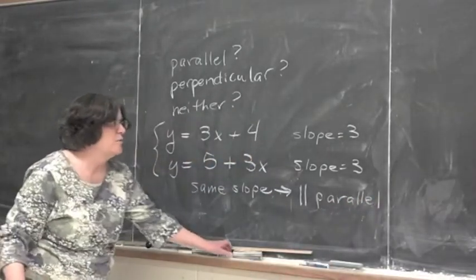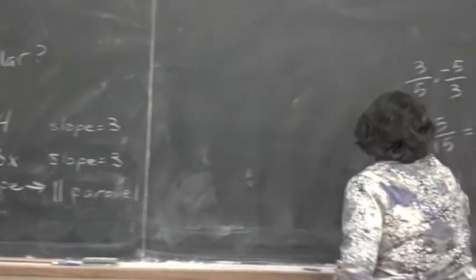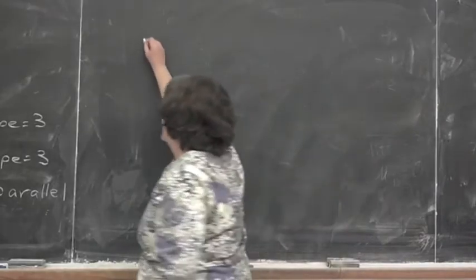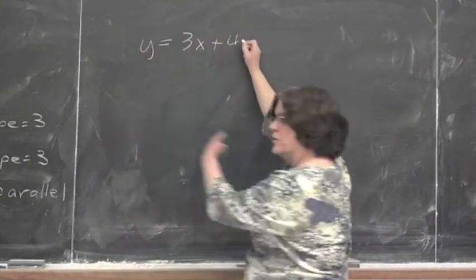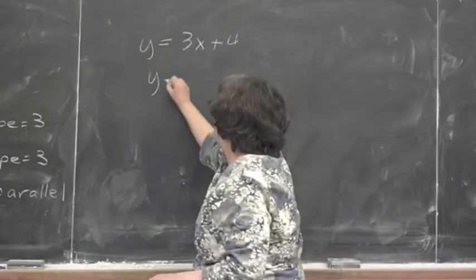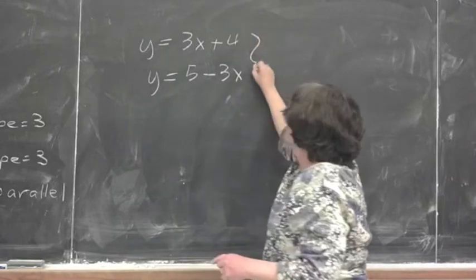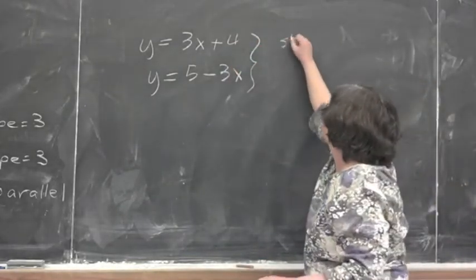Let's do another one. I know, we just used that one. What about this? What do we have with those? The slope of the first one is 3.